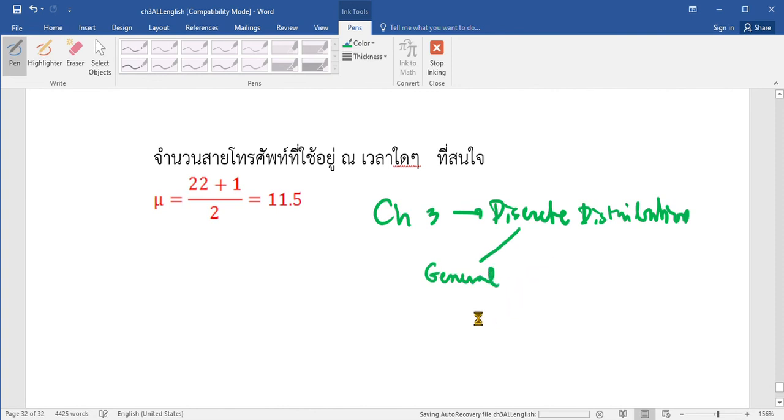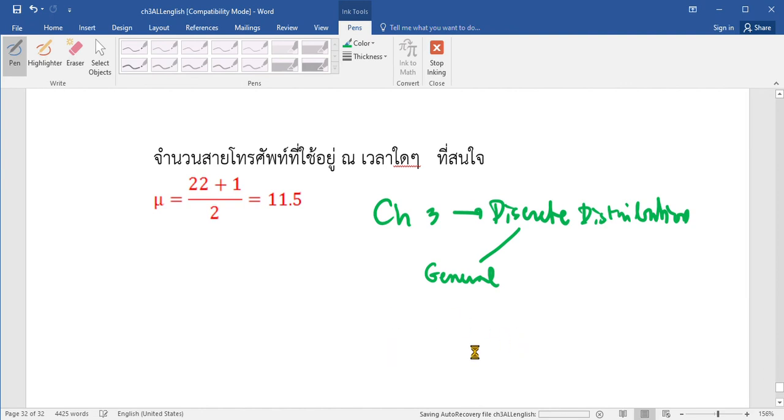When I say general, I mean there is no formula for them. You just have to devise your own way of looking for the probability according to the situation. We also looked at specific types of discrete distribution, and there are many of them that are common in statistics.